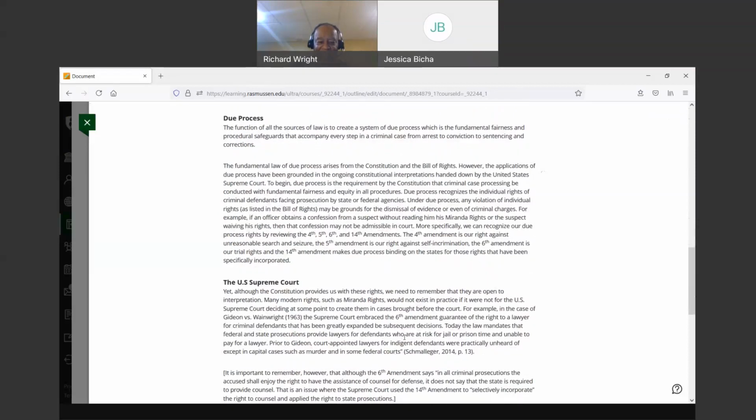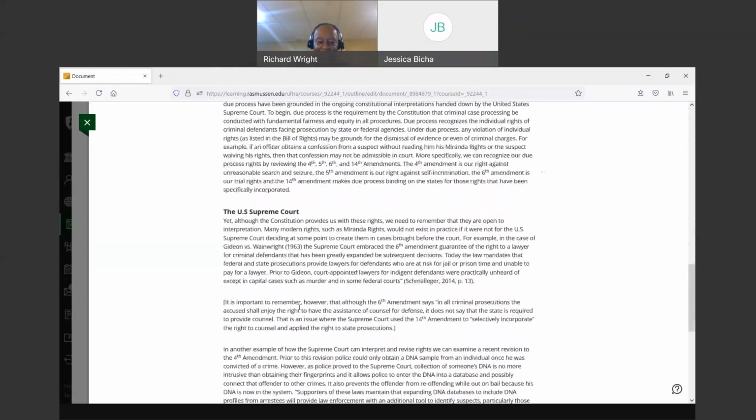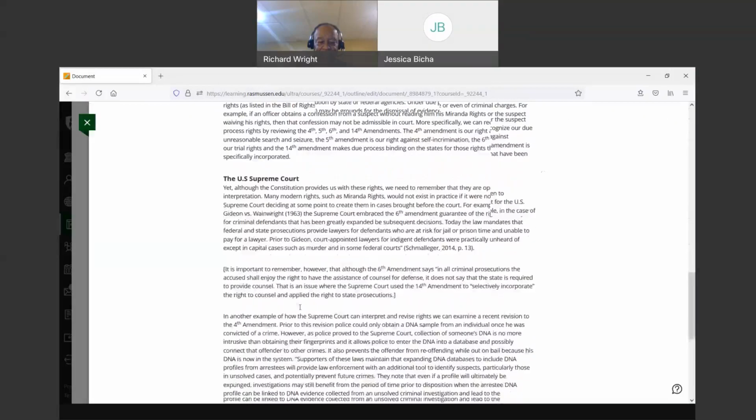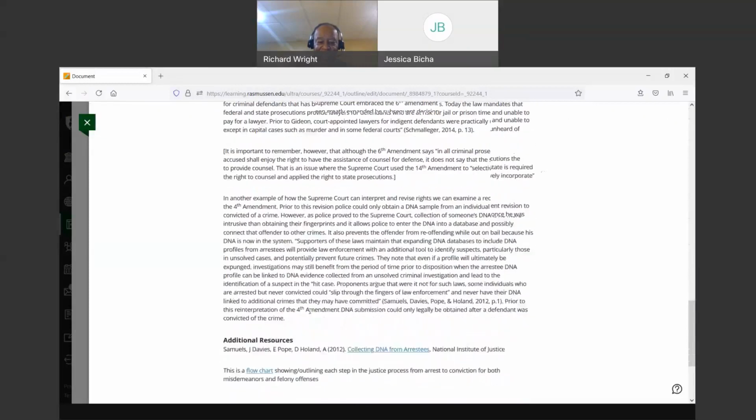This explains the United States Supreme Court, Gideon versus Wainwright. That's the constitutional right for a court-appointed attorney I was talking about earlier. And then the Fourth Amendment deals with, again, search and seizure. Okay.